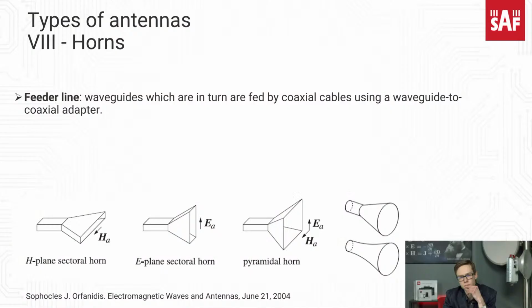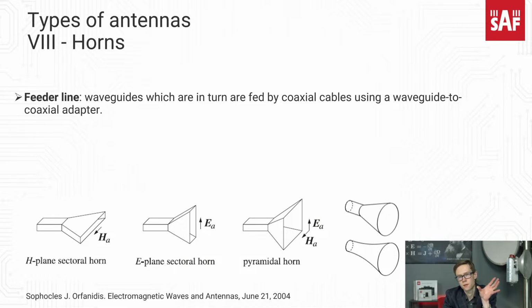So yes, this type of antennas can be pyramidal, conical, and these two different subtypes can be further divided into other form factors.